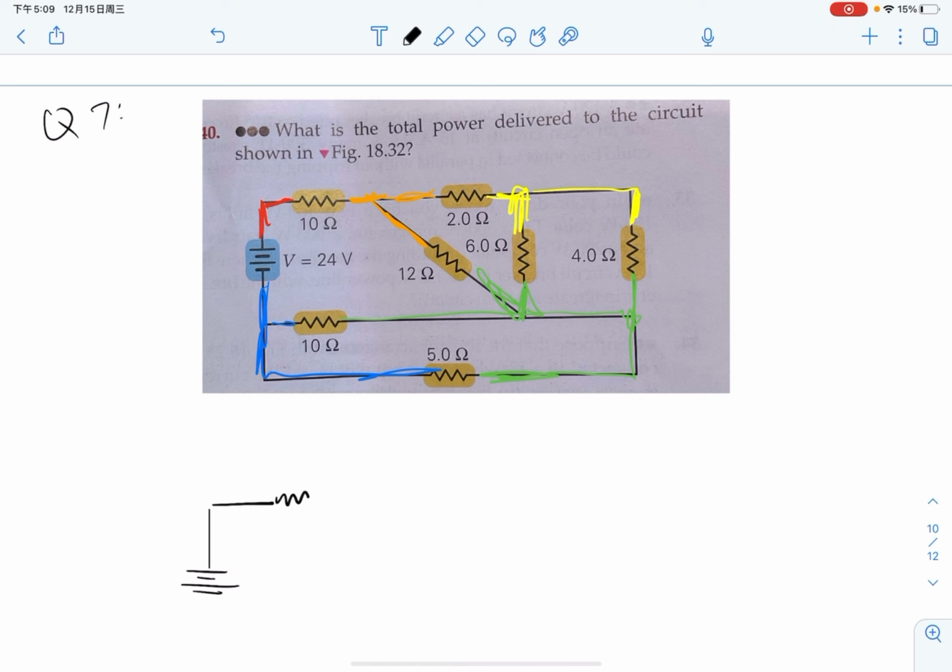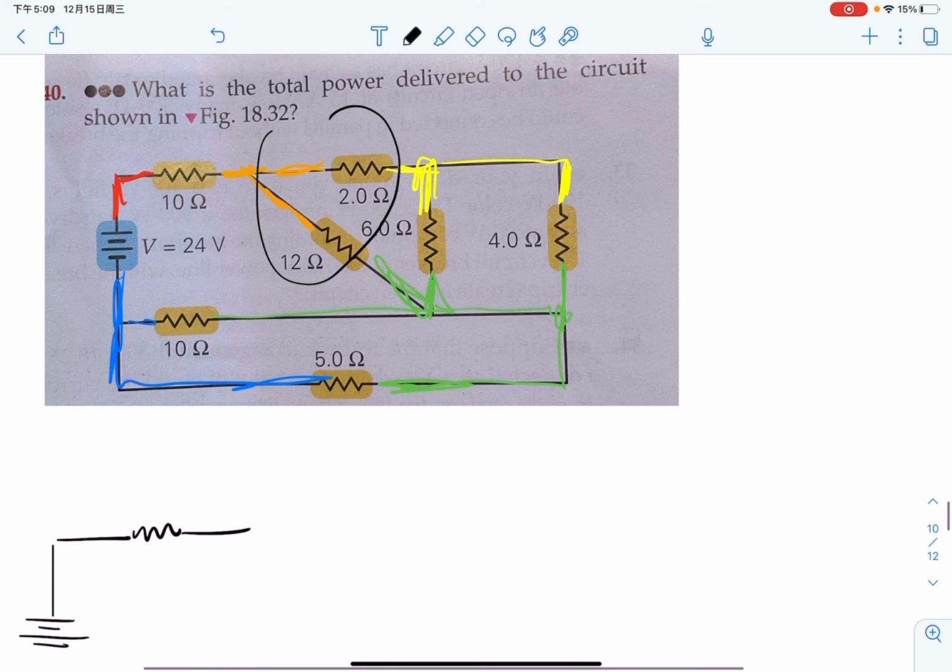And these two are in parallel. Oh, they're not in parallel. Let me see. This one is kind of hard.